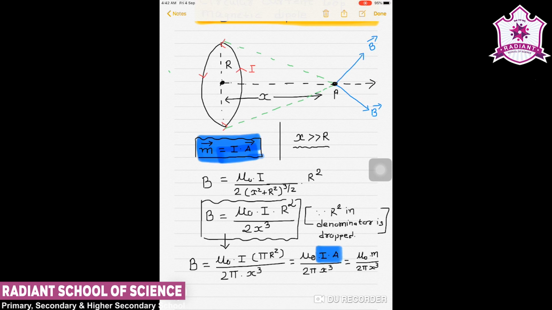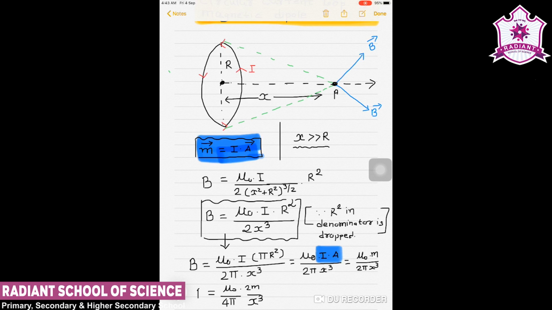Now this equation has a certain comparable term, as we have already derived many times: if I multiply it by 2 and also divide it by 2, then I have the equation mu 0 into 2m over 4 pi, and already there is an x cube.